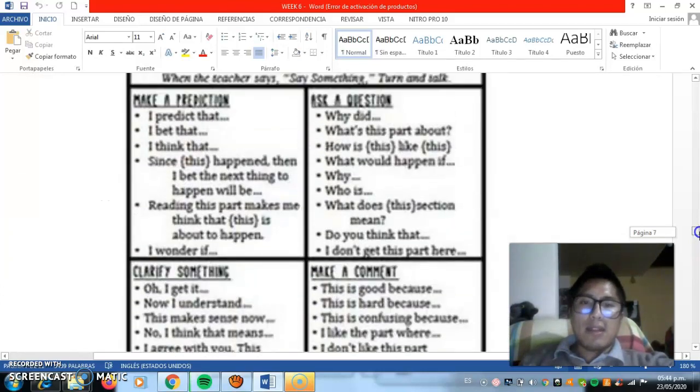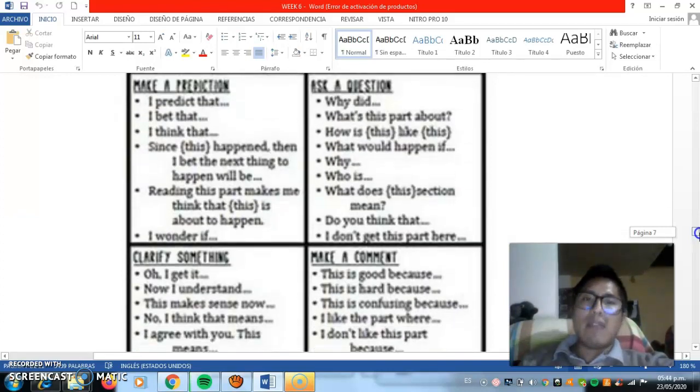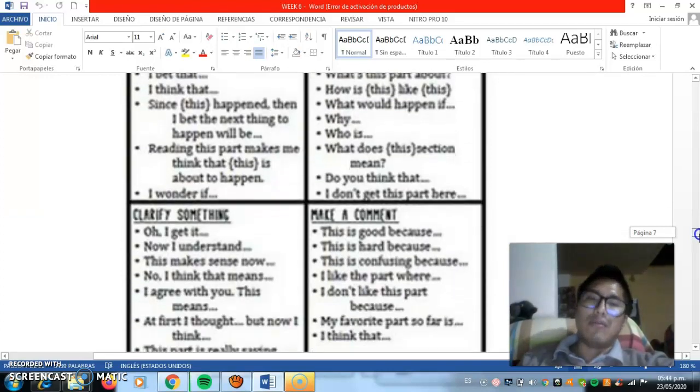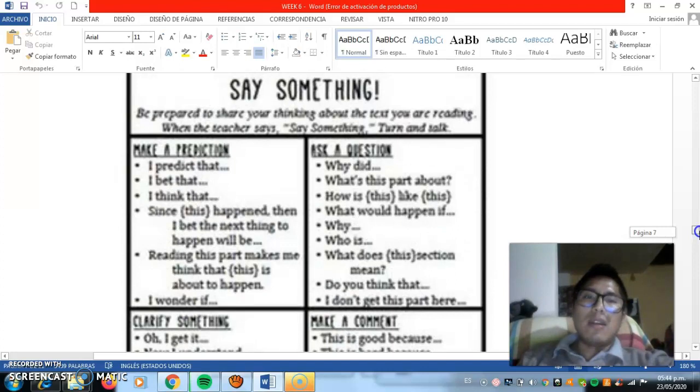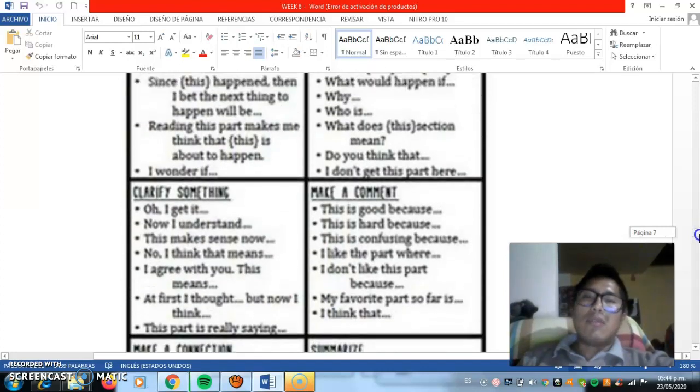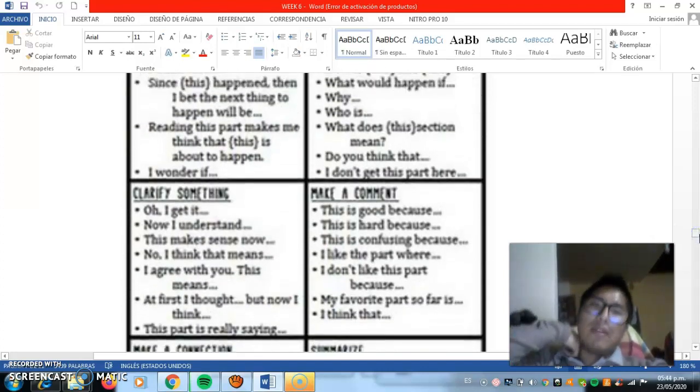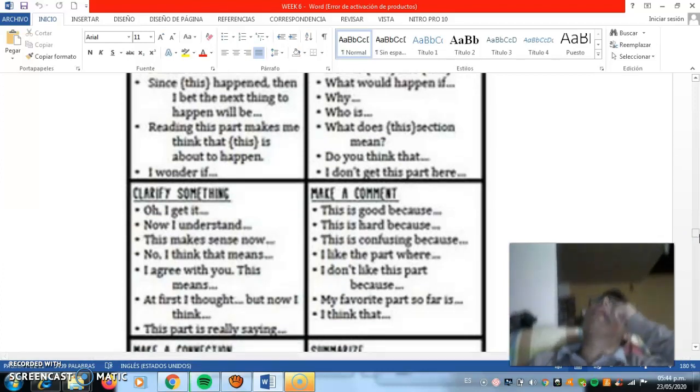But all these activities are just for while-reading or during-reading activities, because they help us understand the reading much better. Because in this activity, the most important thing is that the student understands the reading, maybe 90 to 100 percent, and can be focused on some important aspects of the text.